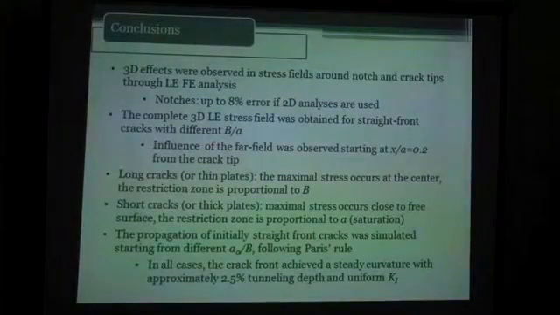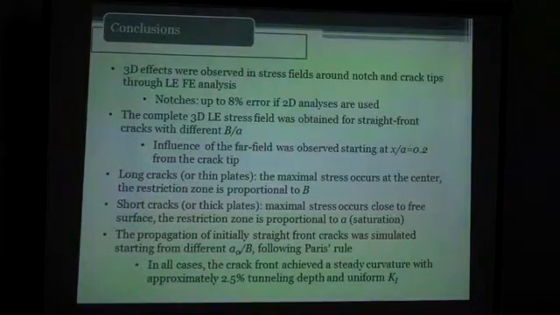So, conclusions. 3D effects were observed in stress fields around notch and crack tips. For notches, you have up to 80% error in the analysis, but that's not much of a problem, because when you equate the von Mises value for the crack initiation, actually this value becomes much lower. So this is just the stress in the direction of the applied nominal stress.